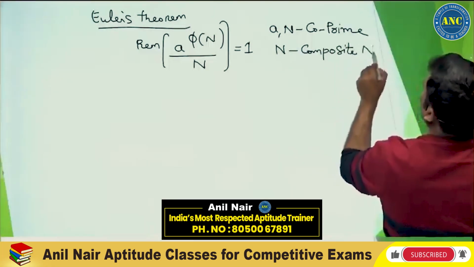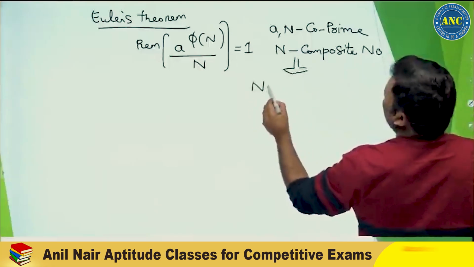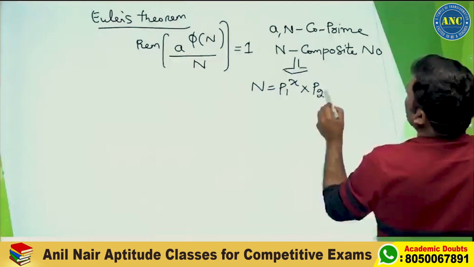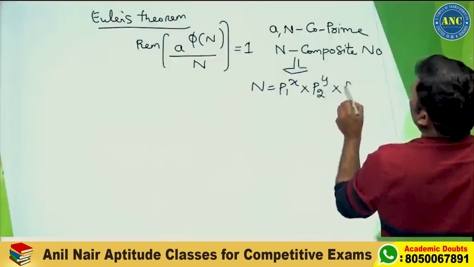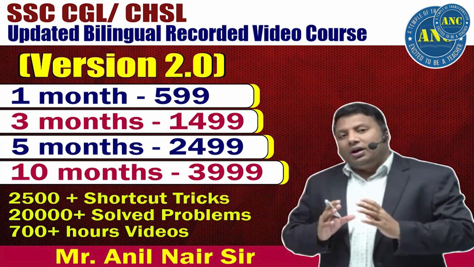Denominator is a composite number. Any composite number can be written as a product of powers of prime numbers: P1 power X, P2 power Y, P3 power Z. So what do you mean by totient of N?